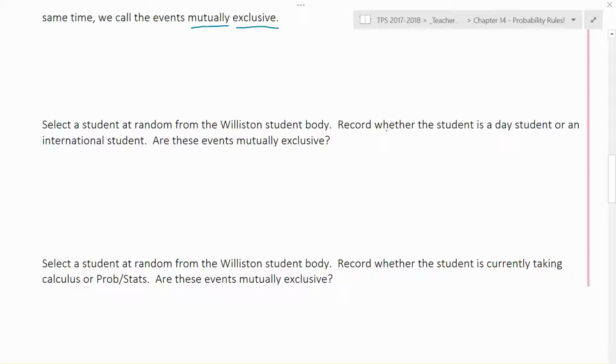But a couple of times I've heard students say that there are one or two students who are classified as international students but are also day students at the same time. So if there are students who are both, then we can't say that those events are mutually exclusive.